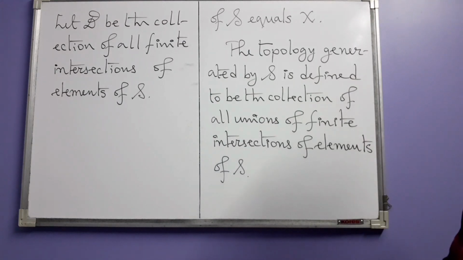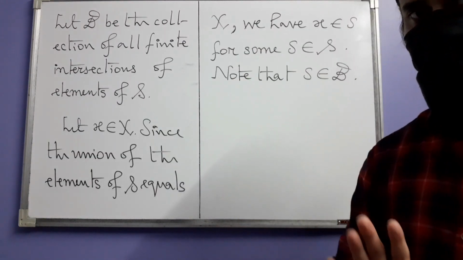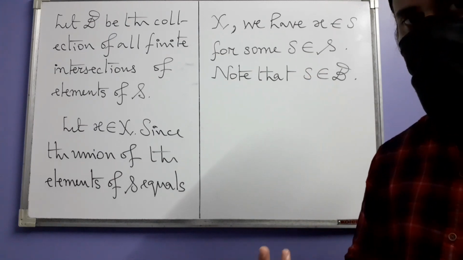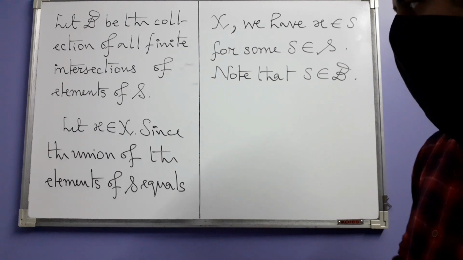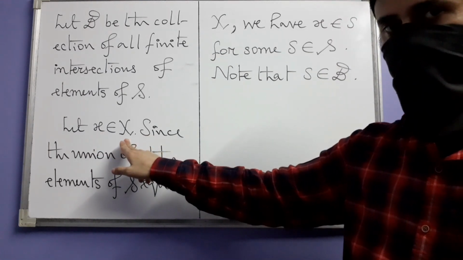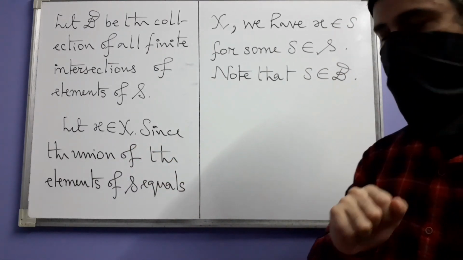So let's see how we can do this. To prove that B is a basis for some topology on X, of course we have to verify those two conditions that we have in the definition of a basis. The first of which starts by taking any element x in X. Now what is it that we know about the subbasis?